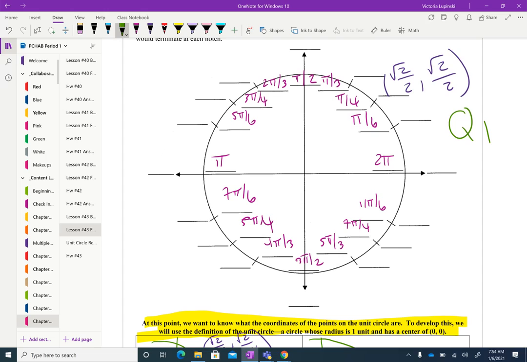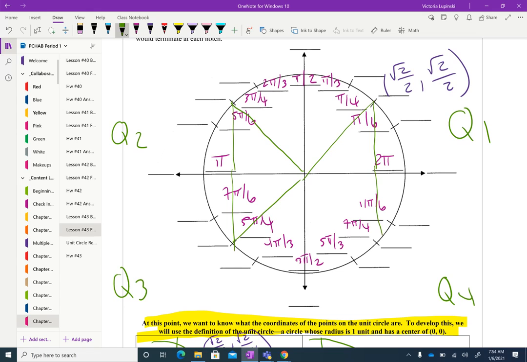Here's the thing. Quadrant 1, quadrant 2, quadrant 3, and quadrant 4. If I consider the triangle made at pi over 4, the one at 3 pi over 4, the one at 5 pi over 4, and the one at 7 pi over 4, that gives me 4 congruent triangles.